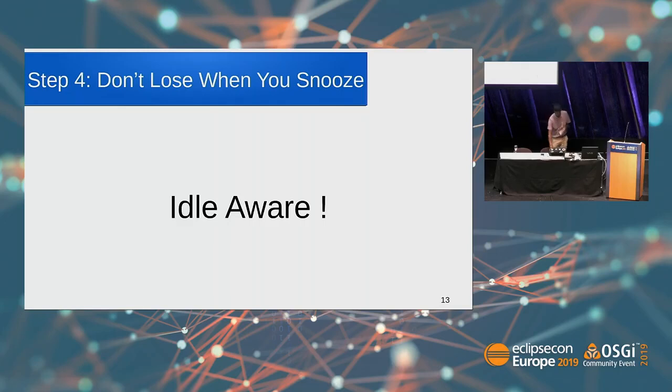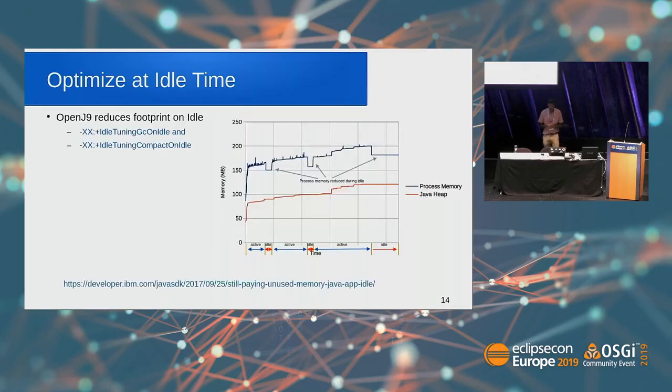In OpenJ9 there is an option called -XX:+IdleTuningGcOnIdle, which is in fact turned on by default. It figures out if the application is idle and automatically releases all of the free memory that it is not using back to the operating system. So you're actually paying less if you're being billed on the amount of resources that you're using.